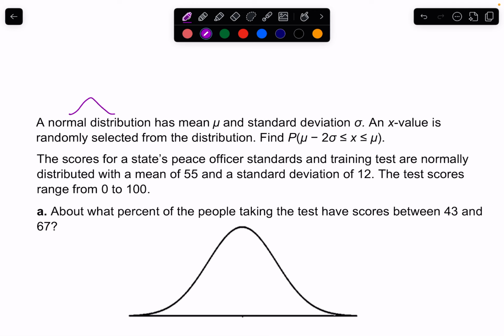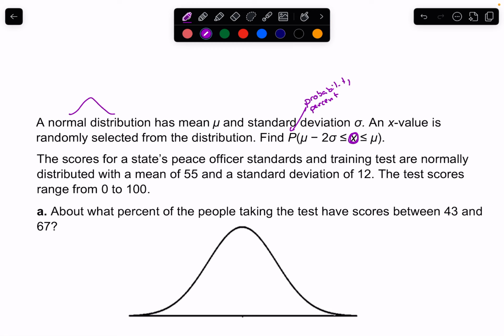An X value is randomly selected from the distribution. Find the probability. P means probability. In this case, it kind of means percent. Find the percent of data that is, here's my X value it's talking about.